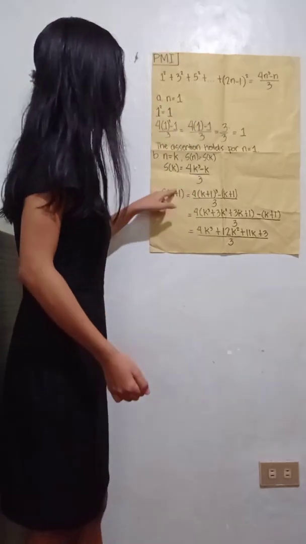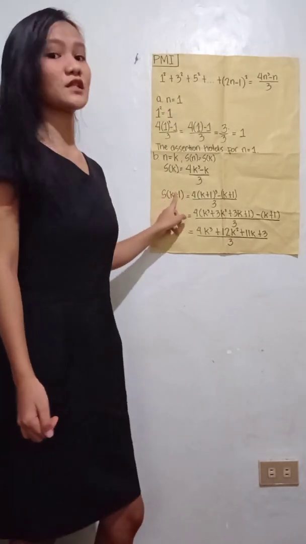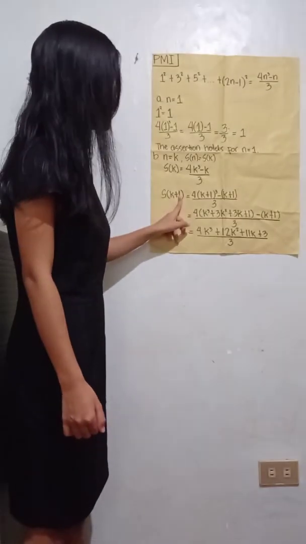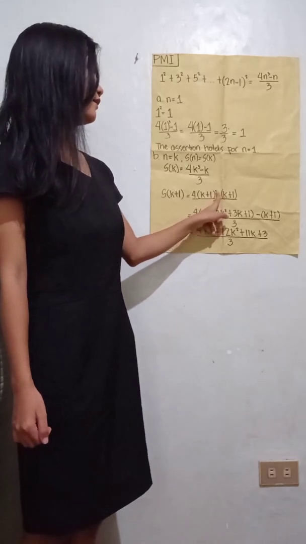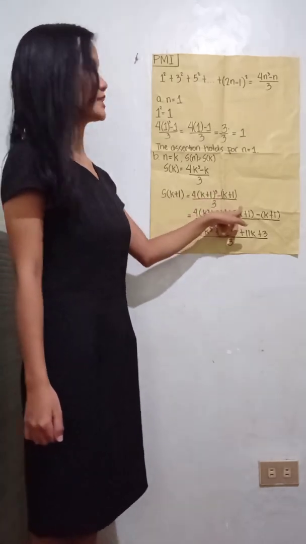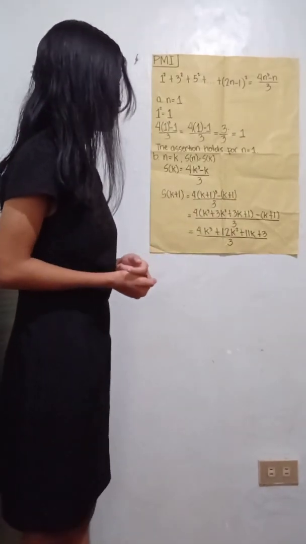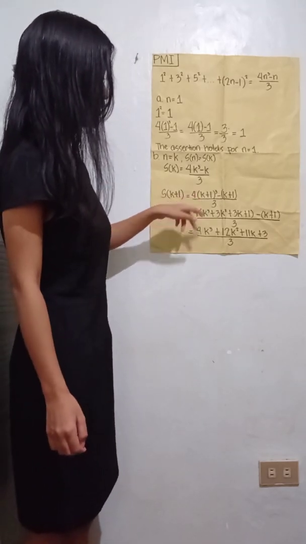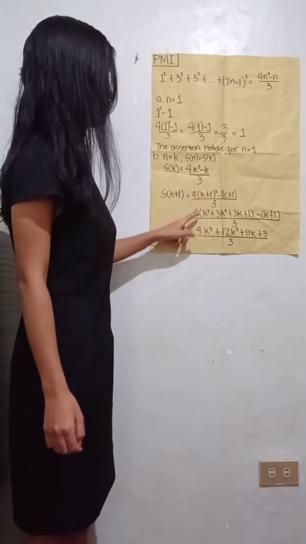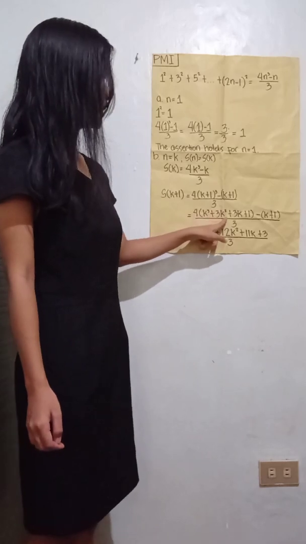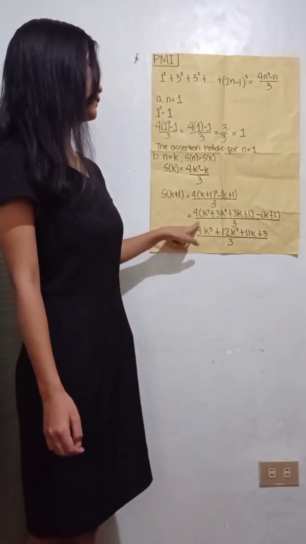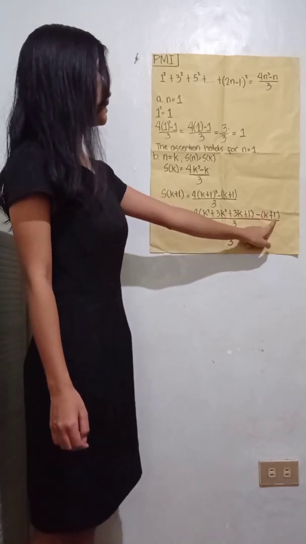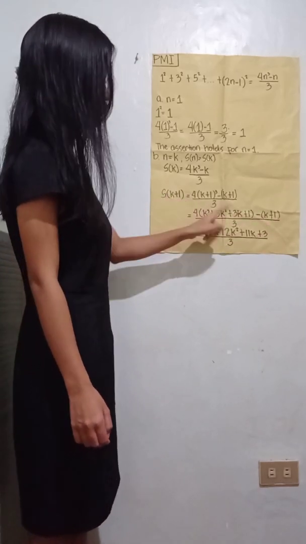And so, if n is equal to k plus 1, our sum of k plus 1 is equal to (4 times the cube of k plus 1, minus (k plus 1)) all over 3. The cube of k plus 1 is k cubed plus 3k squared plus 3k plus 1, and we multiply that by 4, then minus (k plus 1), all over 3.